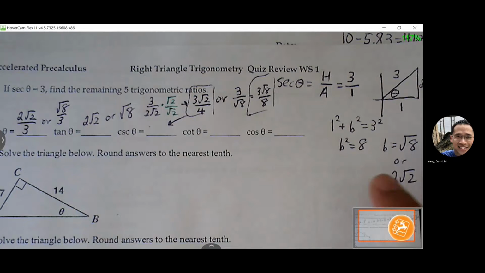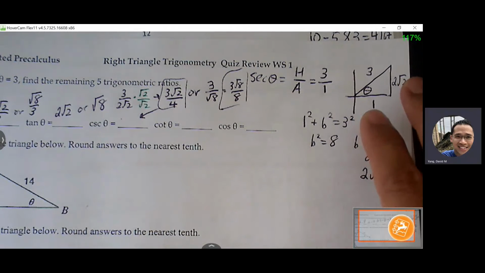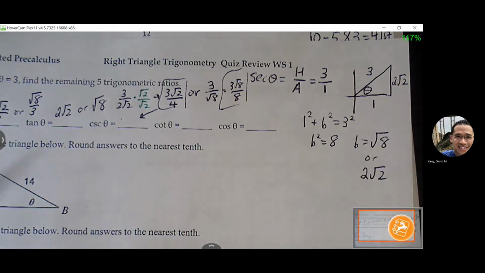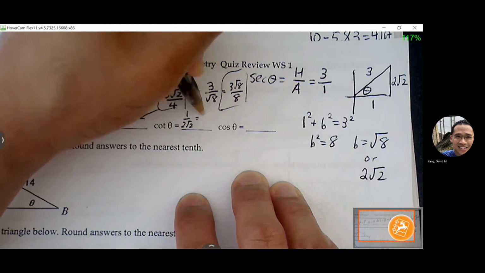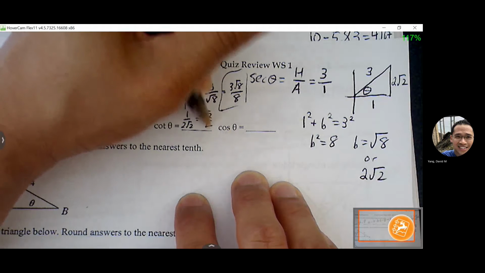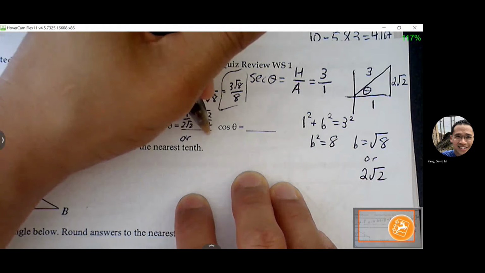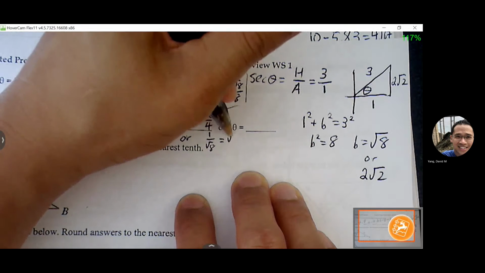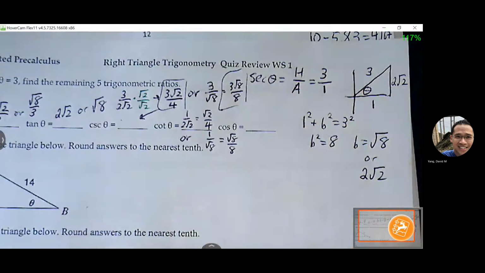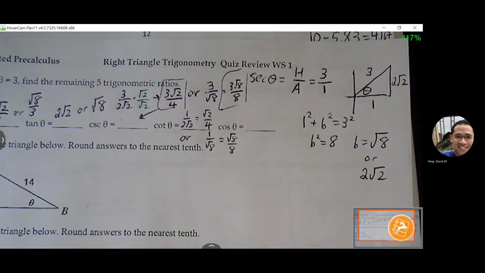Cotangent. Cotangent is adjacent over opposite. Finally, cosine is adjacent over hypotenuse.